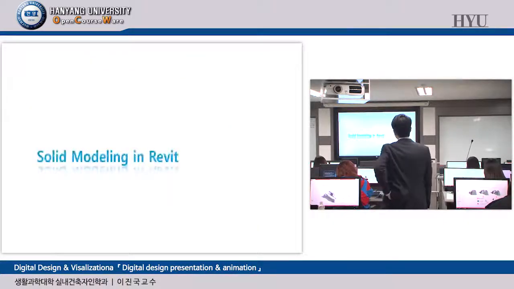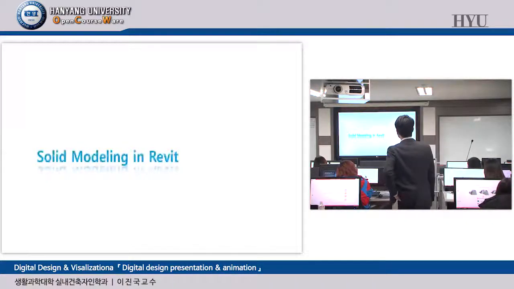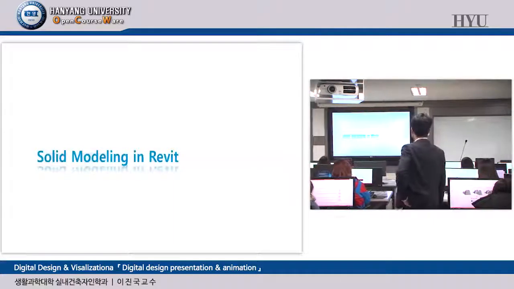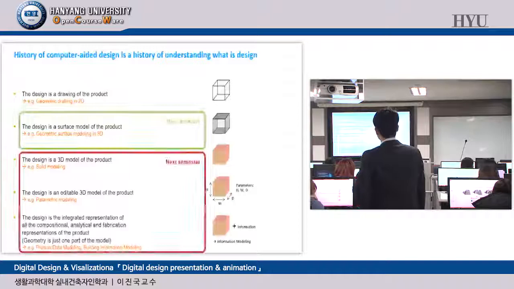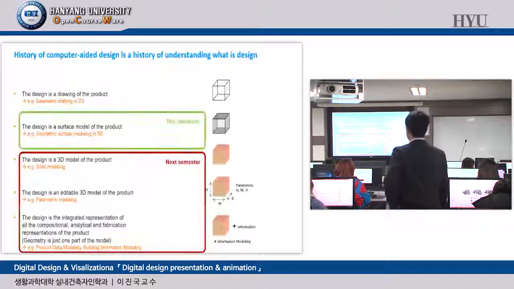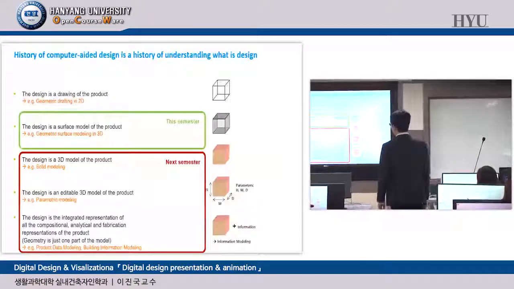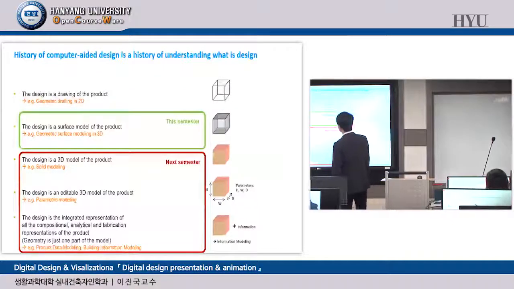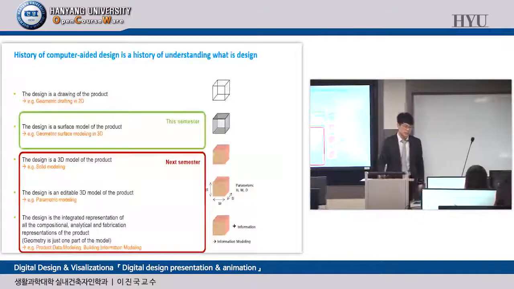So the next thing we need to do is take a look at solid modeling features in Revit. As I introduced you lots of times before, we are still dealing with surface-based 3D models, but solid model, parametric model, even building information model, are the topic next semester, but this is the preview for next semester.